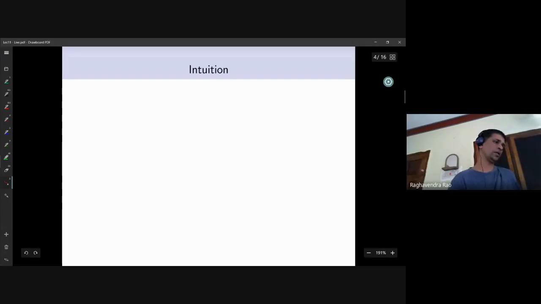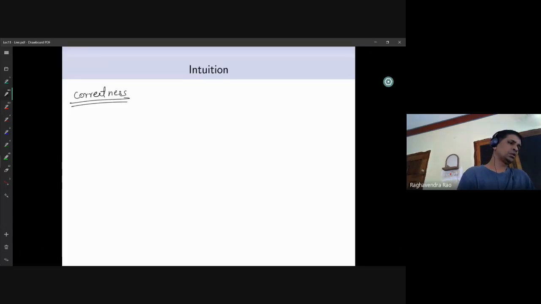Okay, so a quick argument on correctness. Let's denote by AK the rank K element.